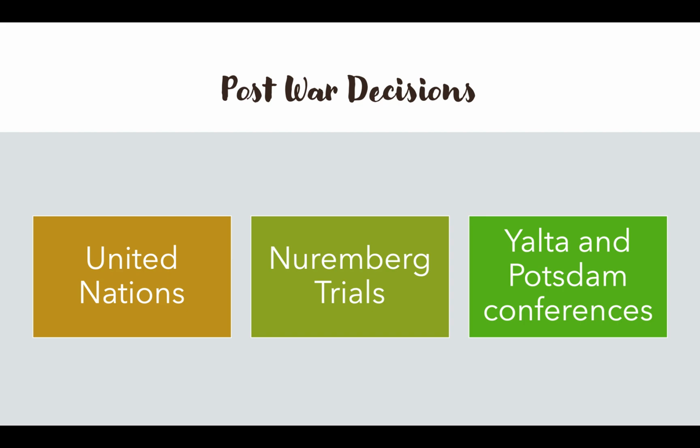When we look at post-war decisions, one, we are going to see the United Nations was formed at the end of World War II. And the reason that the United Nations is formed is because we need a peacekeeping organization. The League of Nations after World War I fails because the United States was not involved. The League of Nations didn't have any force behind it.